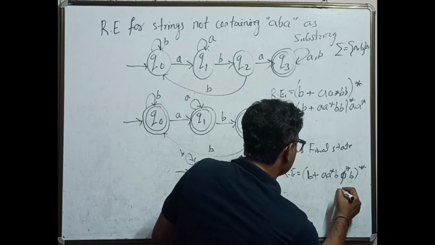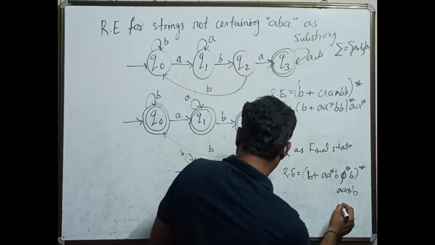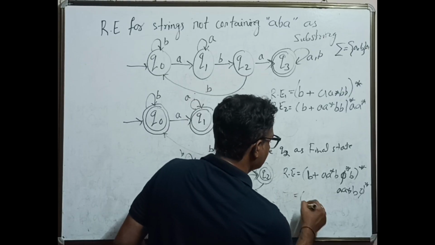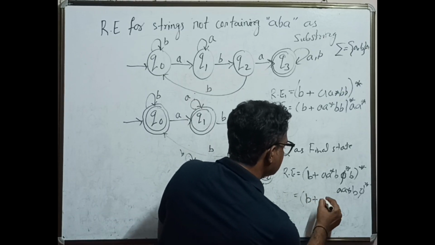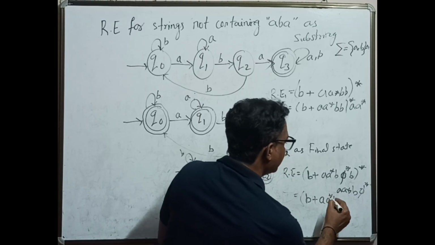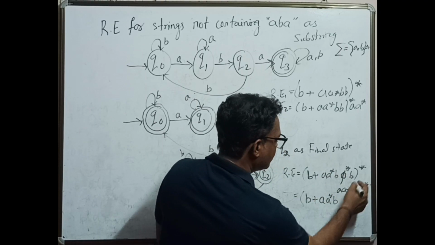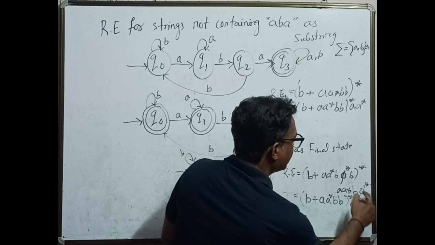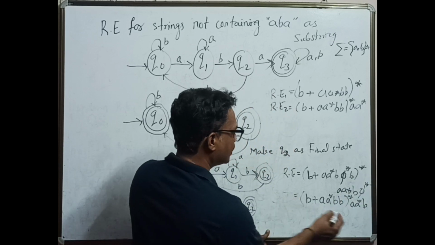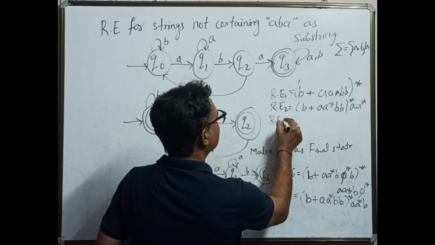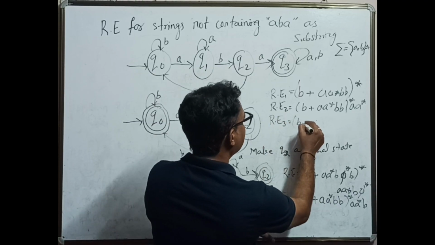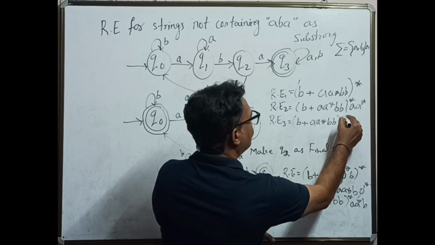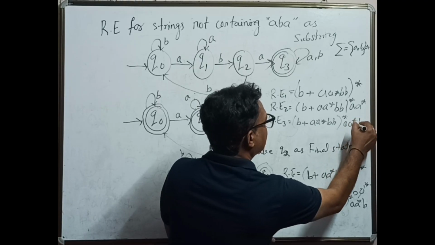Then S into U star, that is AA star B, and U star is null. So this gives rise to B plus AA star B. Null star is epsilon. Epsilon into B is B whole star. AA star B. Once again, null star is epsilon. So we got our third regular expression, that is equal to B plus AA star BB whole star AA star.